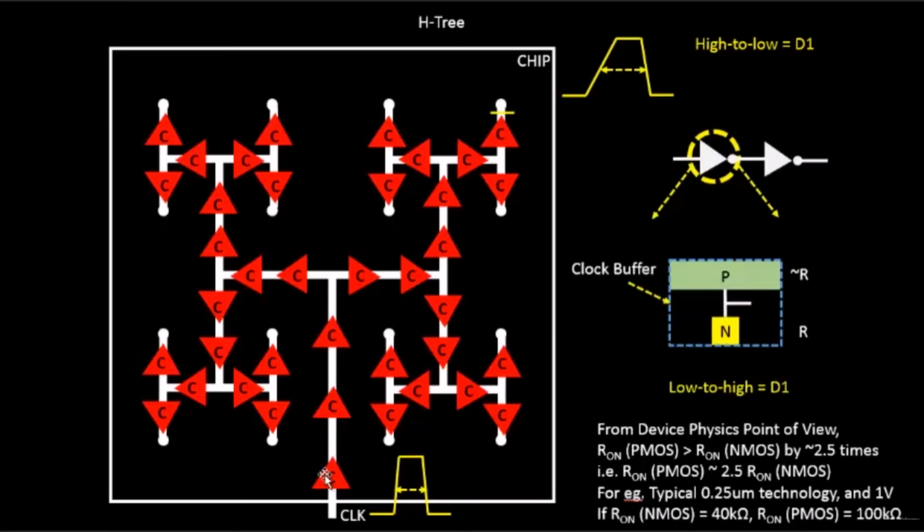It will again be 1 2 3 4 5 6 7 8 9 clock buffer delays, plus 10 wire delays. It will still be the same as we saw before, because this is just a swapping of regular buffers with clock buffers. So the skew will still remain the same. That's not a problem for us.